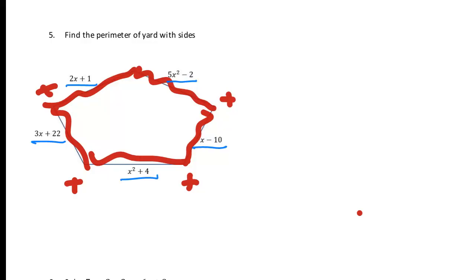What kind of like terms do I have here? What's the one with the greatest degree? 5x squared. So I'm going to call these first terms the x squared terms. This is one way you can do it. There is another way you can do it too.